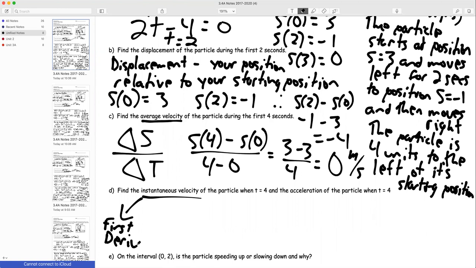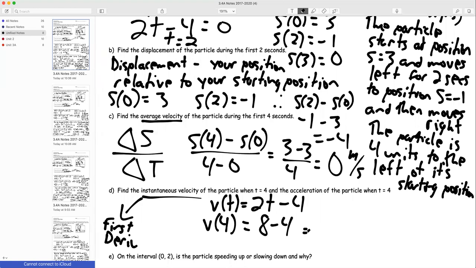It was 2t minus 4. And so they want the instantaneous velocity when t is equal to 4. So I need to find v of 4. And plugging 4 in, that's going to give me 8 minus 4, which is 4. And that is meters per second.